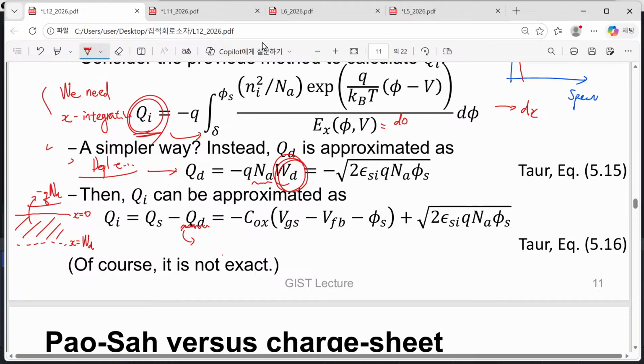So by applying the expression for Q sub D, you can have this expression. It is a function of surface potential. Within depletion approximation, this is true, and within depletion approximation, now we can have this one.